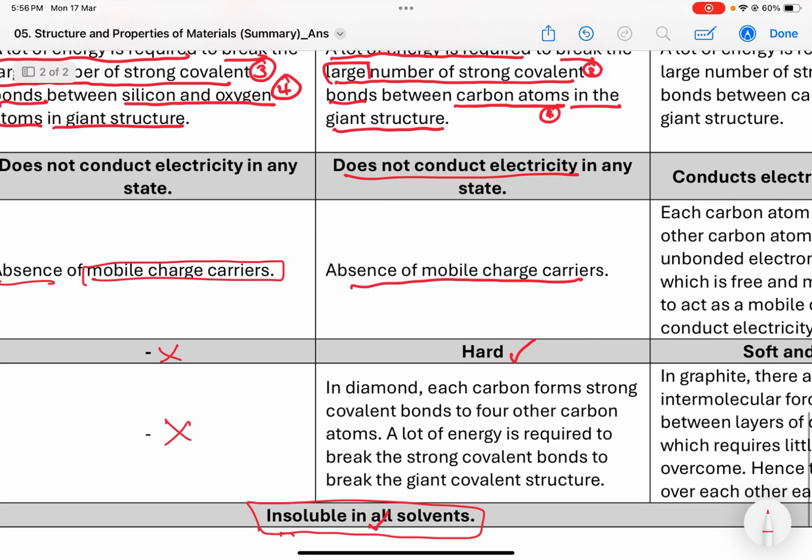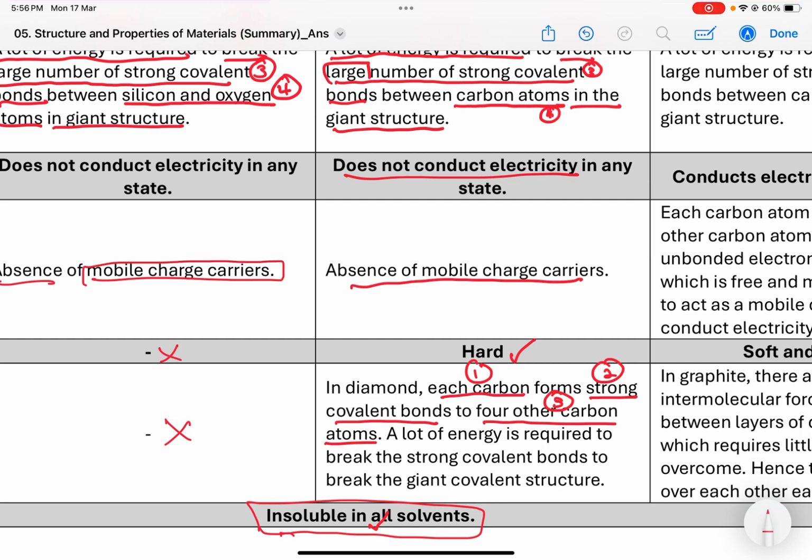Why is diamond hard? So first thing you realize, in diamond, each carbon forms strong covalent bonds to 4 other carbon atoms. Okay, so this is a network structure. This is a whole 3D network structure.